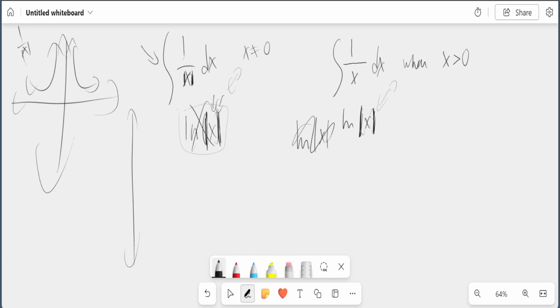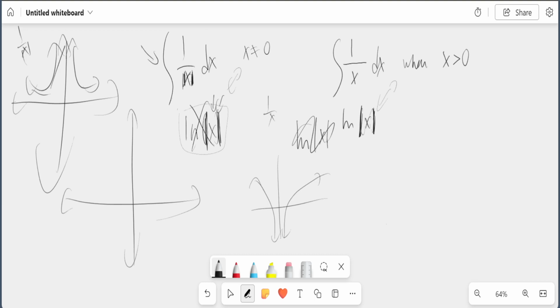So the original function, right? If 1 over x, we have ln x, so that looks like this. But if you have an absolute value here, you need to split it up, because all of a sudden the slopes have become positive here.